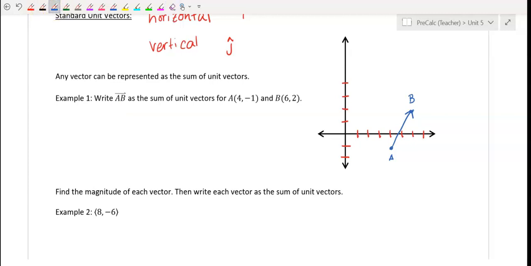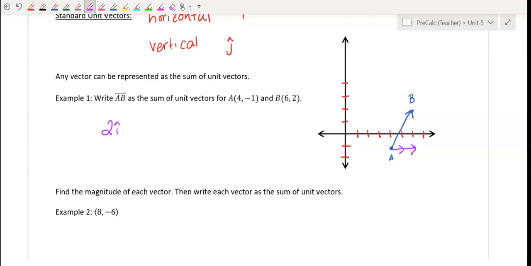So now I've got to figure out how many times I've moved horizontally and vertically and in which direction. To go from A to B, I go 1, 2. I go 2 units to the right. Since I'm going right, it's positive, and this gets me 2i, because I've gone 2 individual vectors with a magnitude of 1 to the right.